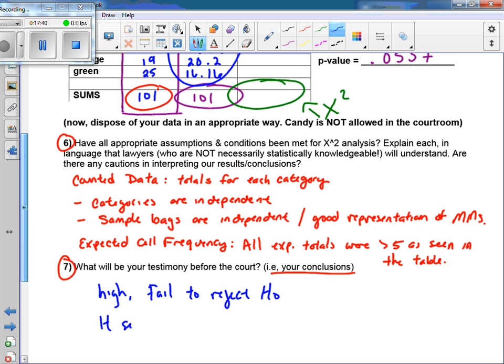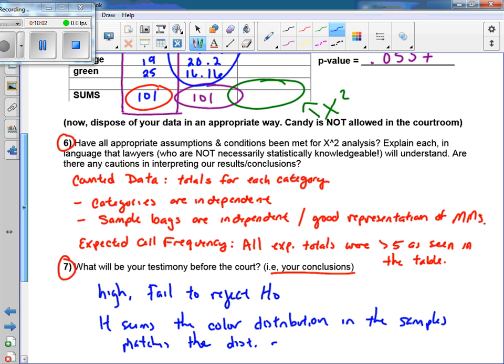So it seems the color distribution in the sample matches the distribution set by the Mars company.